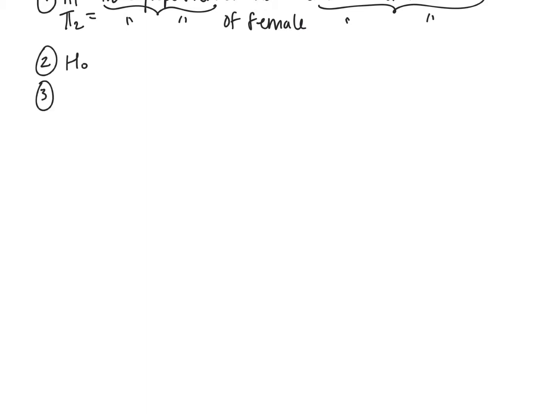And pi sub 2 would be the true proportion, repeated, of female drivers who said all of the time. Okay. The null is always pi 1 equal to pi 2, and the alternate is asking, is there a significant difference? So that just means, are they the same or are they not?